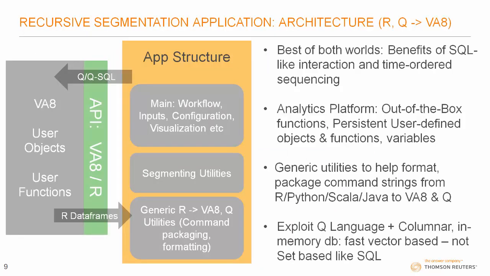Now I want to talk a little bit about the application structure to support this program. This is really a division of labor, which was convenient to work with, since VA8 and KX are Q native. Q, and QSQL, is native to our analytic framework.